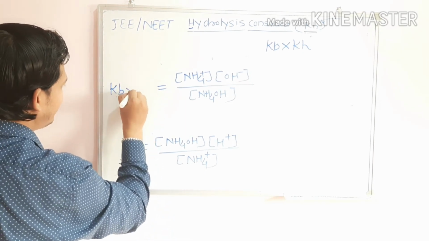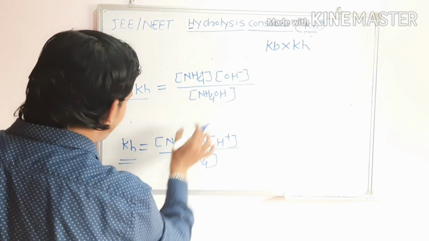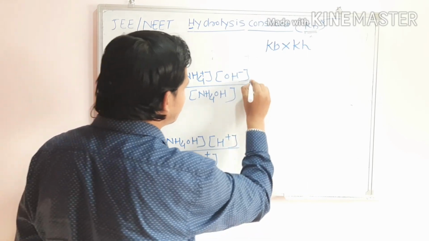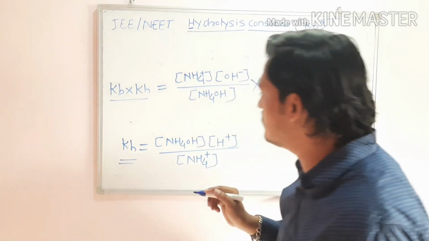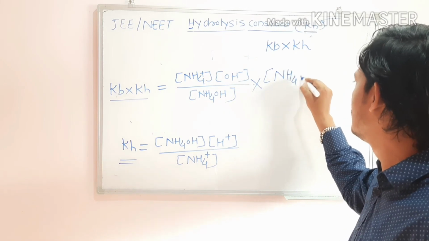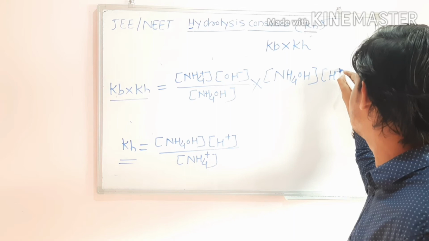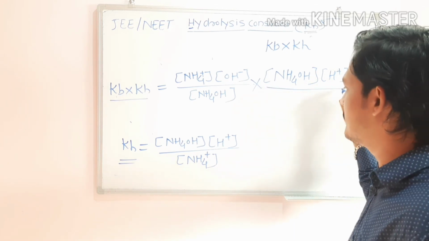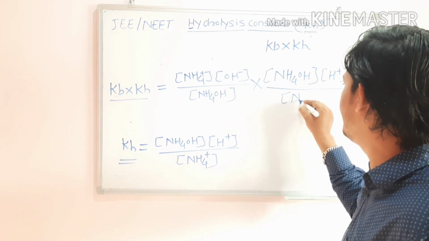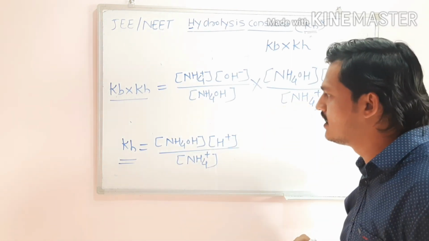So KB into KH: this is the value of KB, this is the value of KH. So I am writing here in bracket NH4OH, in bracket H plus divided by NH4 plus.